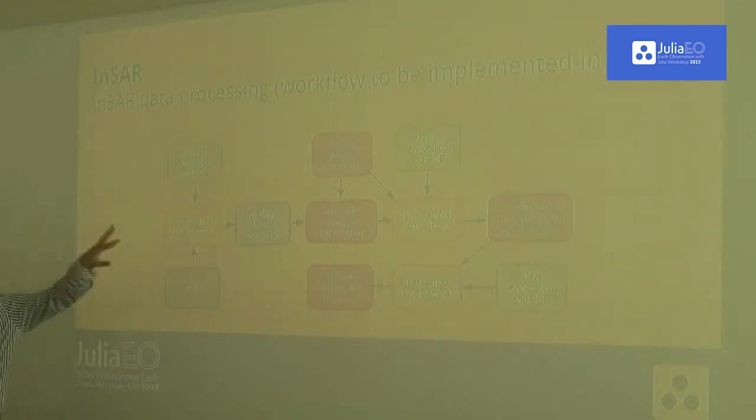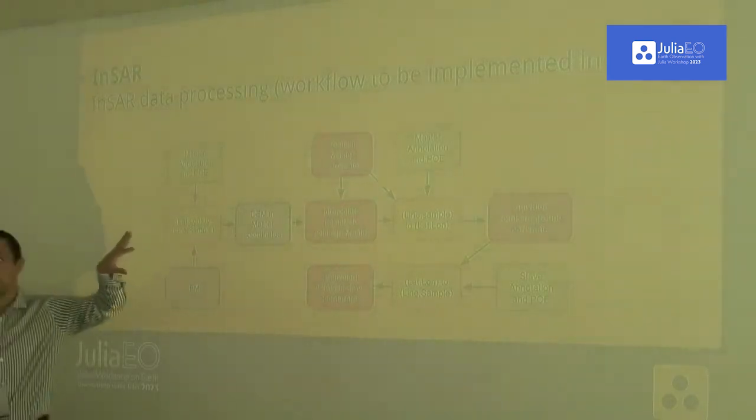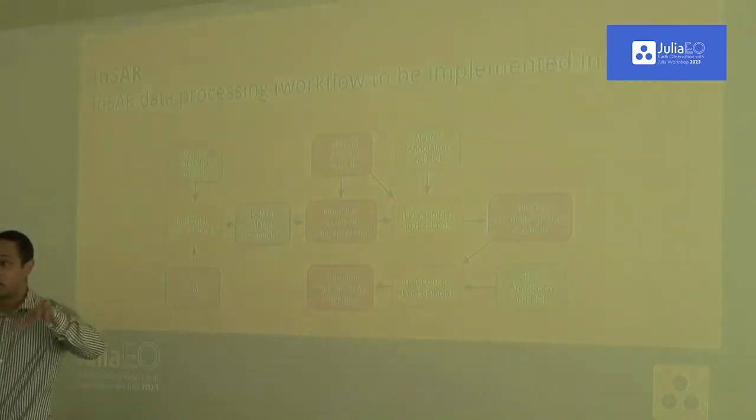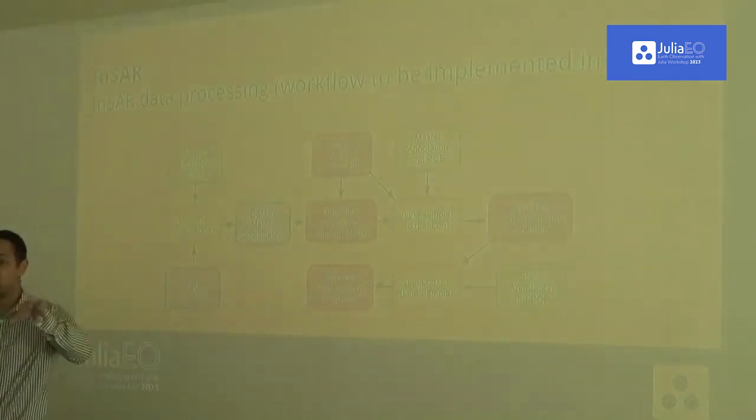So, to create this interferometric InSAR, there are several processing steps, and we will go through some of them in our hands-on session. This is a plot of some of them. It's a bit of an old figure, so it's not so streamlined.